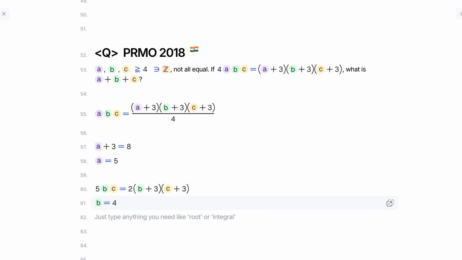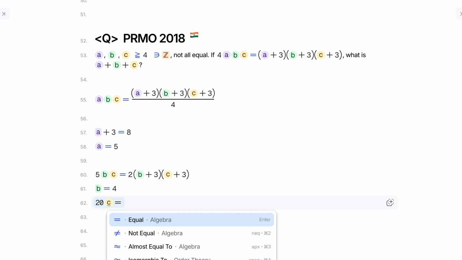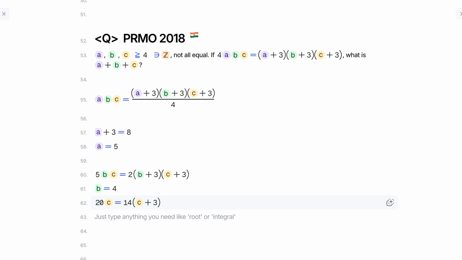If we take B as 4, we'll be having 20C is, so this comes out to be 2 times 7, which is actually 14C plus 3, right?